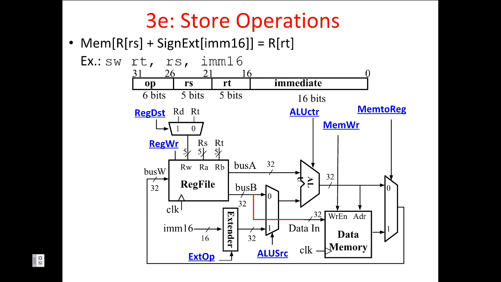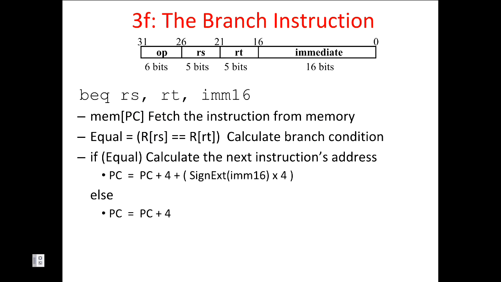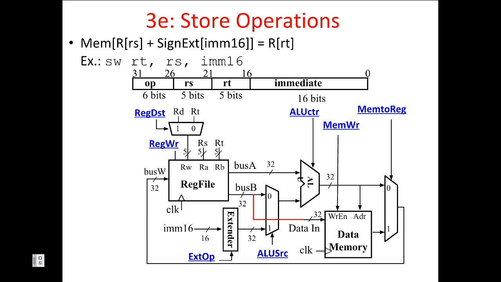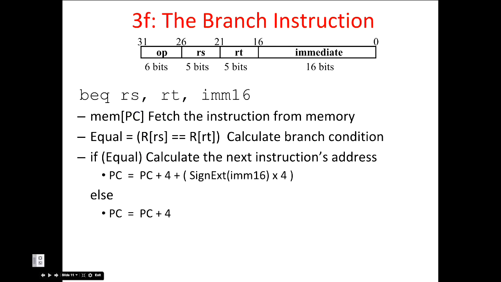Okay, let's see. Oh, we forgot one last instruction, the branch instruction. This one's slightly different because now we need to think about how the PC plays into this whole data path picture. We haven't been talking about the PC at all in this picture. We need to talk about how the PC gets affected when we have a branch instruction.